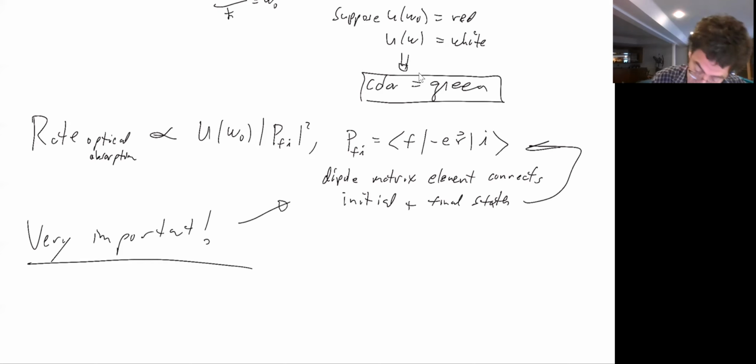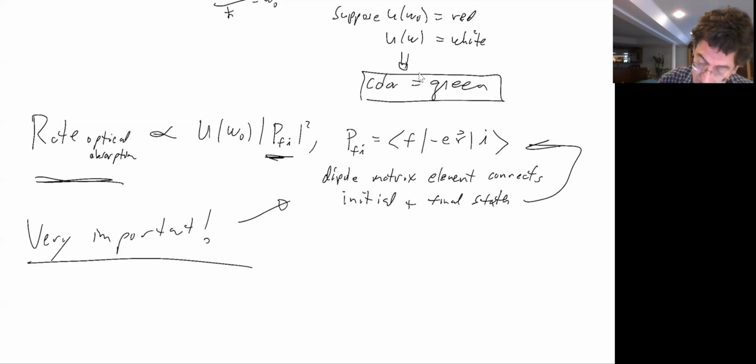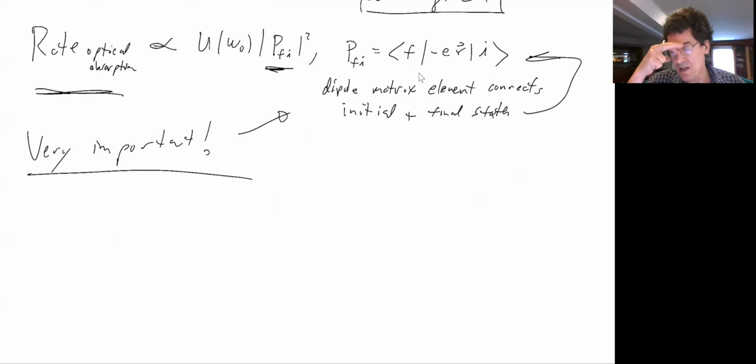The fact that the rate of optical absorption is proportional to this dipole matrix element squared means that to understand optical absorption, we have to understand this dipole matrix element.